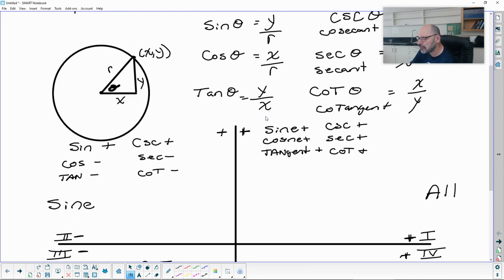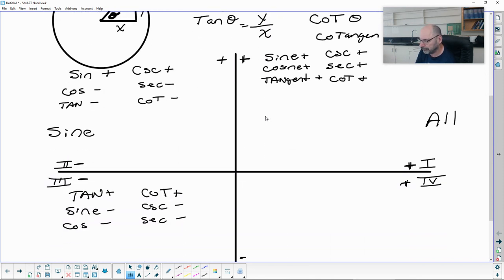So this time cosine is positive for the ratio. Cosine is positive, sine is negative, and tangent is negative. And you can also do that with the reciprocal identities. So if we're looking at cosine there, that goes with secant, and then sine goes with cosecant and cotangent.